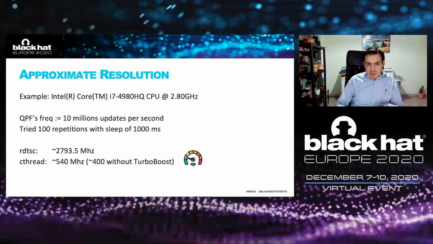Let's make some measurements. With this code, we obtain for RDTSC values that are very, very close to the nominal frequency for the CPU. But for the counter thread, we get a much lower resolution. It's not too bad, like 5-6 times worse, but it might not be enough for some attacks. It's good for CPUID, but not for others.